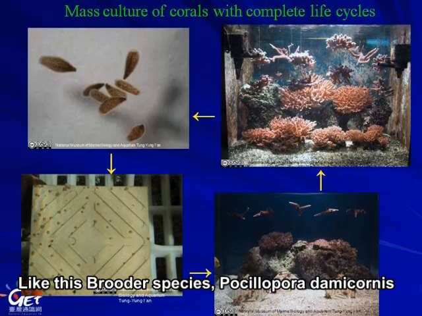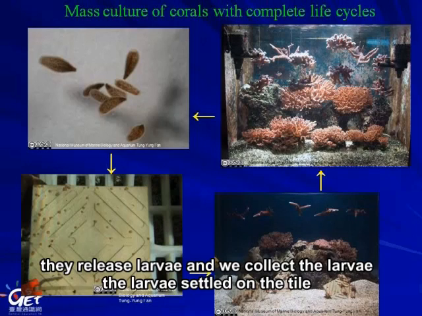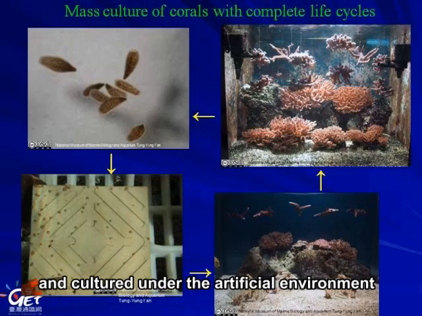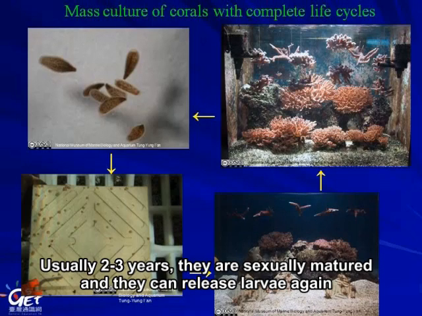Like this brooder species, Pocillopora damicornis, they release larvae. Then we collect the larvae, and the larvae settle on tiles and are cultured under the artificial environment. Usually in 2 to 3 years, they are sexually matured and can release larvae again.